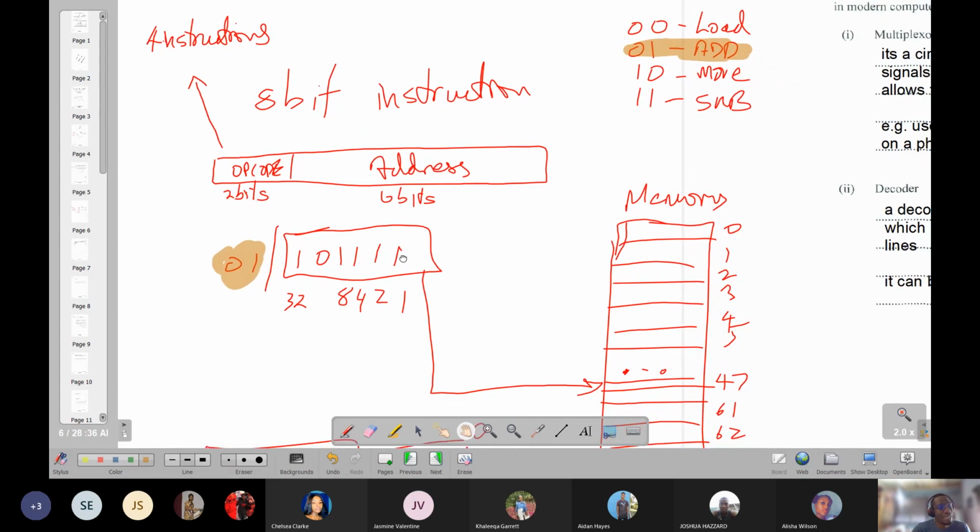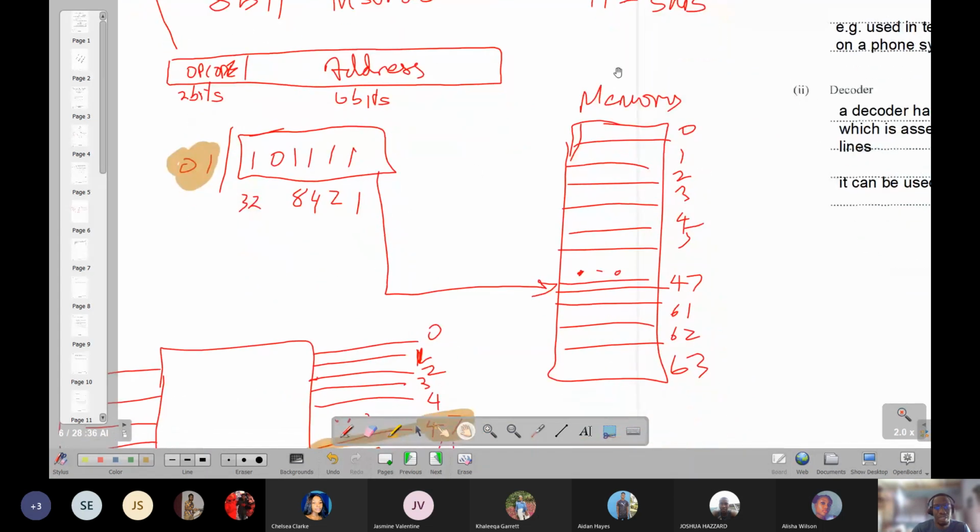Understood? And where is the data stored on a computer system? The data is stored inside a memory. So when I pass an instruction in, again, we're dealing with an 8-bit system here, so it's a short instruction. If we have 6 bits, then it means that our memory is located to one of 64 locations.